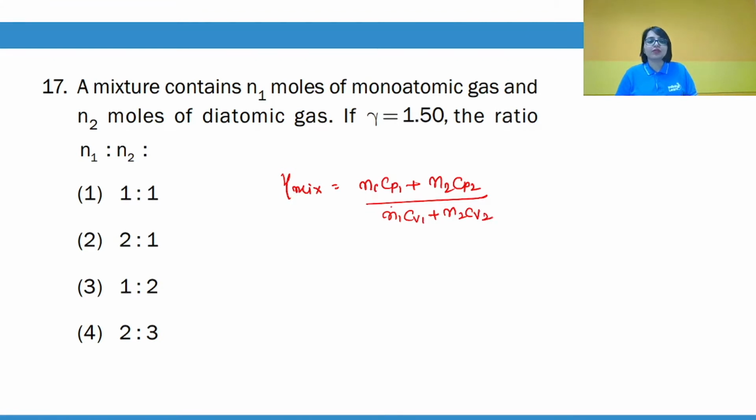By putting the values of Cp and Cv of monoatomic and diatomic gas, you get N1 equals N2, right? So the correct answer will be option 1, which is 1 is to 1.